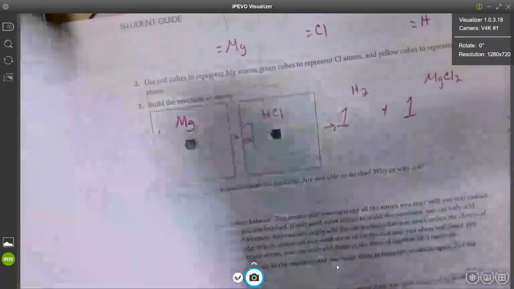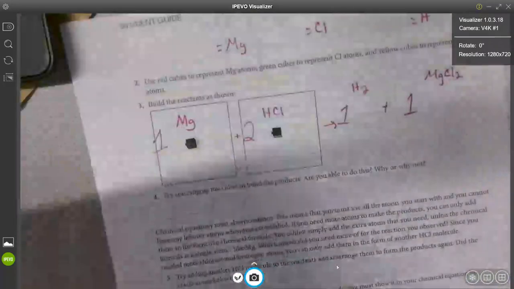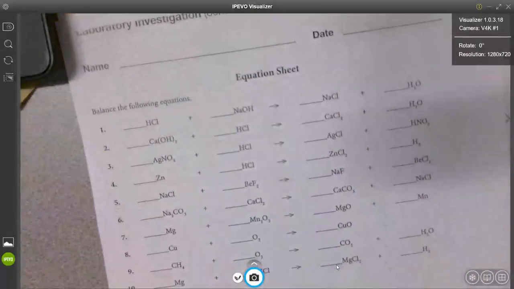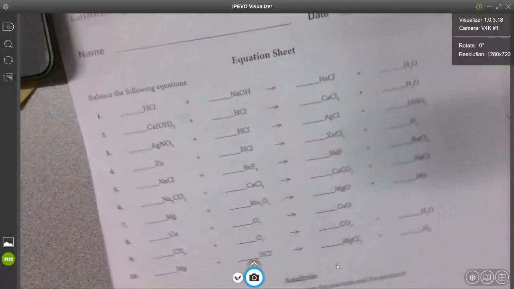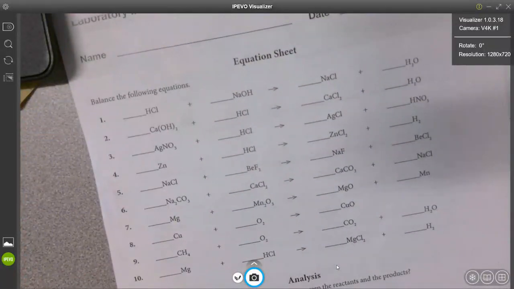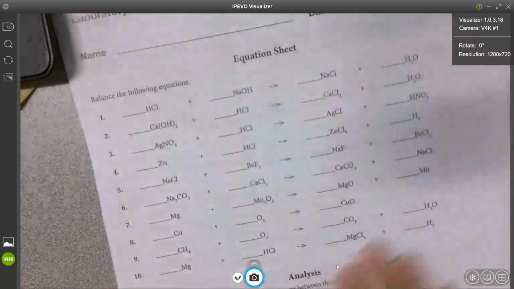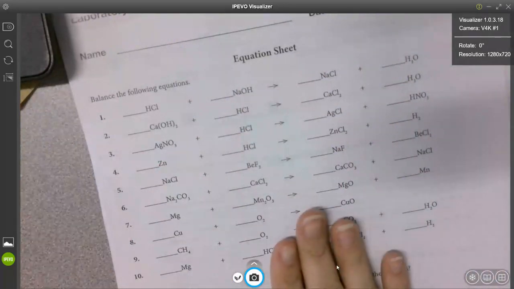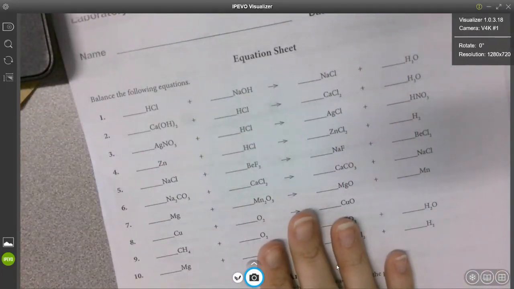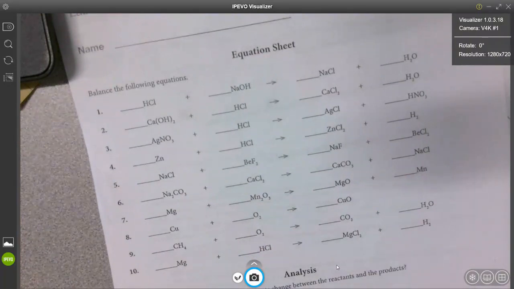Pages 5 and 6, because this is front and back, you will have this class and next class. So since this is a Tuesday, that means you will have all day Thursday to kind of make up on your balancing equation stuff and to finish this packet and previous work. So Thursday will kind of be a makeup day.